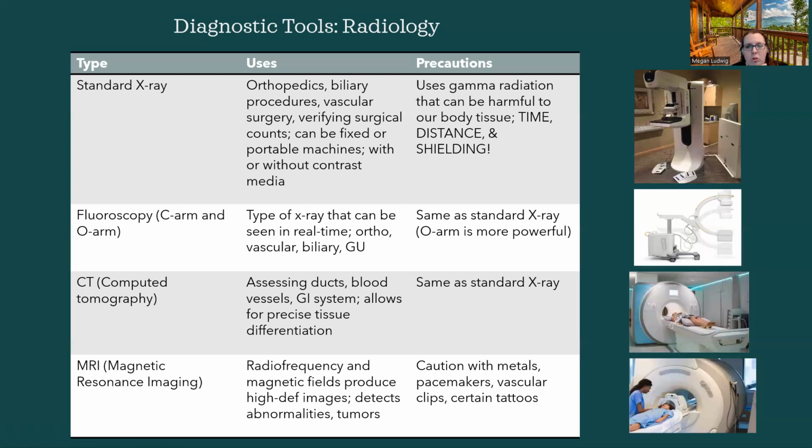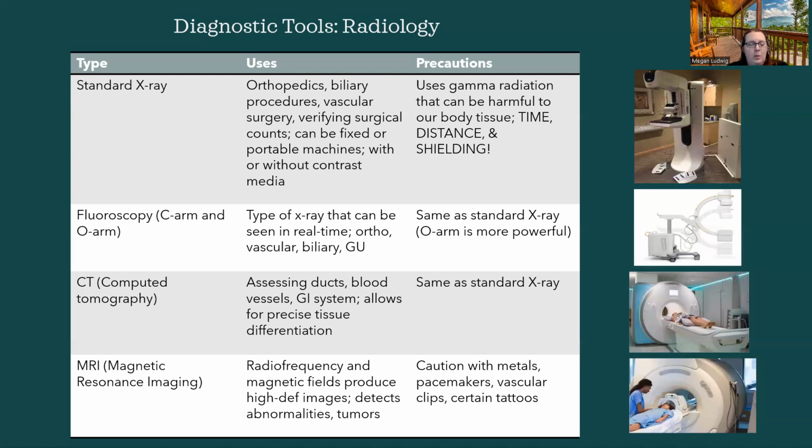You can use a thyroid shield that is lead, as well as an entire lead apron. So that's part of your shielding. Remember, time, distance, and shielding are the three things you need for precautions for standard X-ray. So the time of exposure you want to limit, and distance to at least 6 feet is ideal. That's going to minimize your radiation exposure.